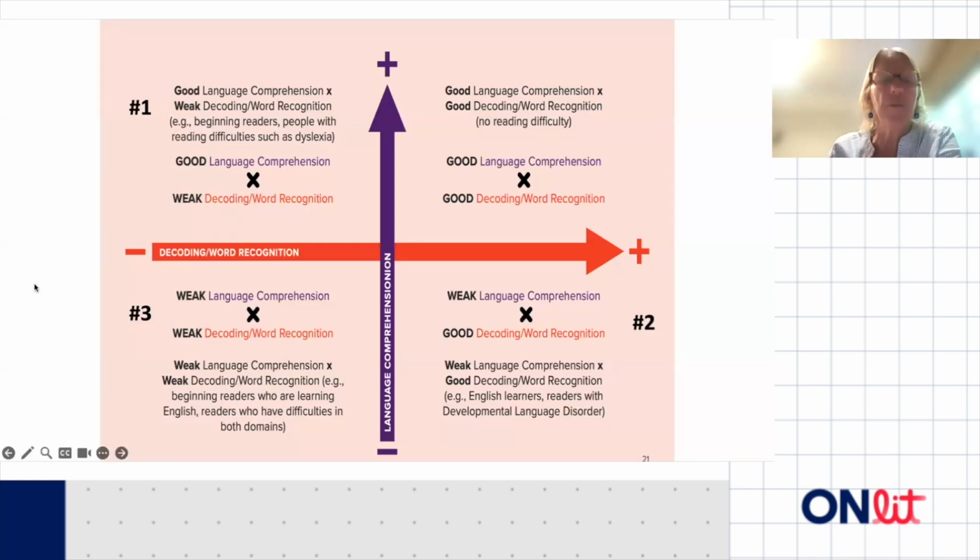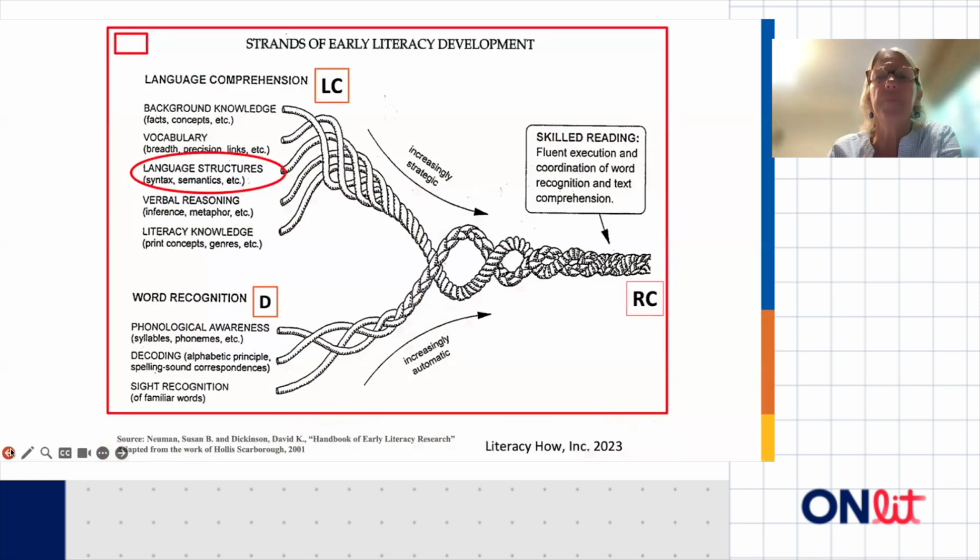If we think about the simple view of reading, right? And I don't have it on this slide, but simple view of reading is D. Can you see my cursor? Okay. The simple view, just a reminder, is D times LC equals RC. It's a simple view.